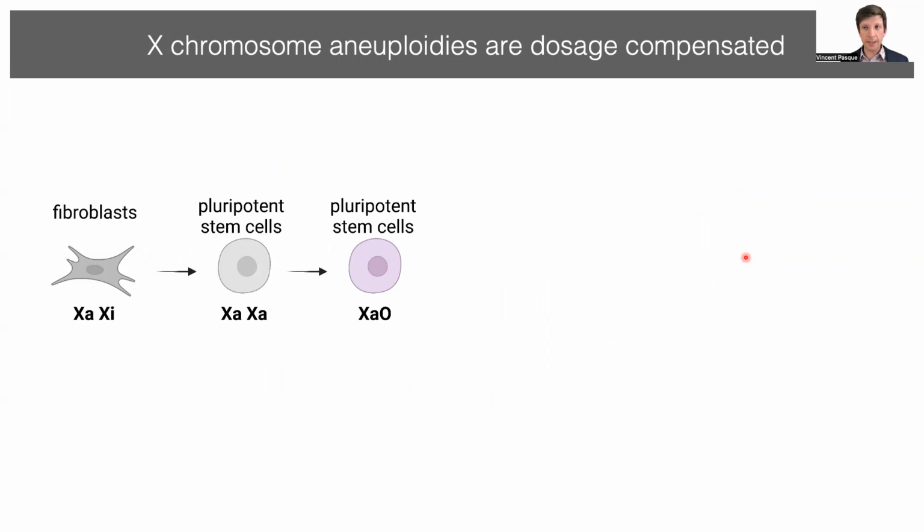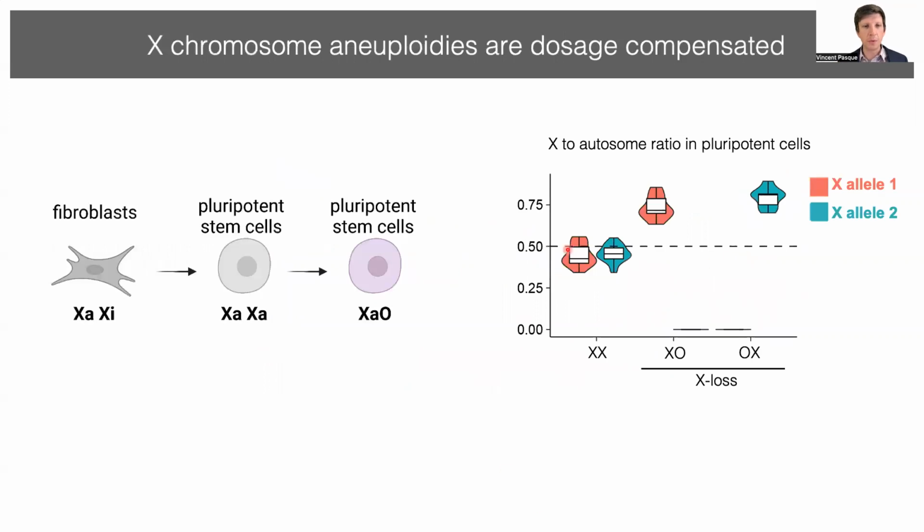So to test this sensing hypothesis, we took advantage of the fact that female mouse iPS cells with two active X chromosomes have a tendency to lose one of the two X chromosomes, so to become XO. And so we can now test the effects of aneuploidy on gene dosage on the X chromosome. If we look at female iPS cells with two X chromosomes, each X chromosome is expressed to similar levels, but if one of the two X chromosomes is lost, either the paternal or the maternal X chromosome, then the remaining X chromosome is upregulated.